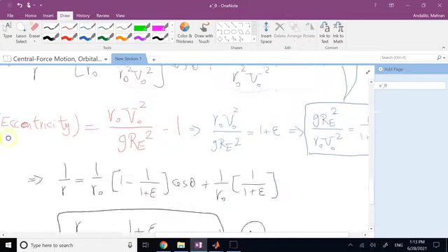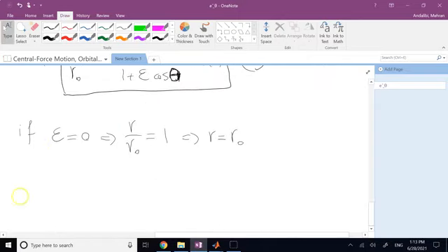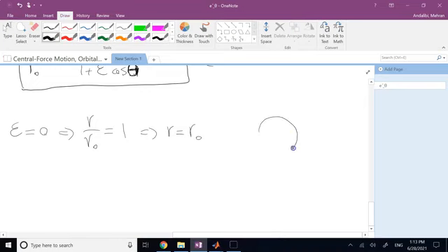So at whatever altitude you launched the satellite in the beginning, if this is your initial R naught, it's not going to change. So what does that mean? The actual radius R is always going to be equal to R naught. So it means the path is a circle, or circular orbit.